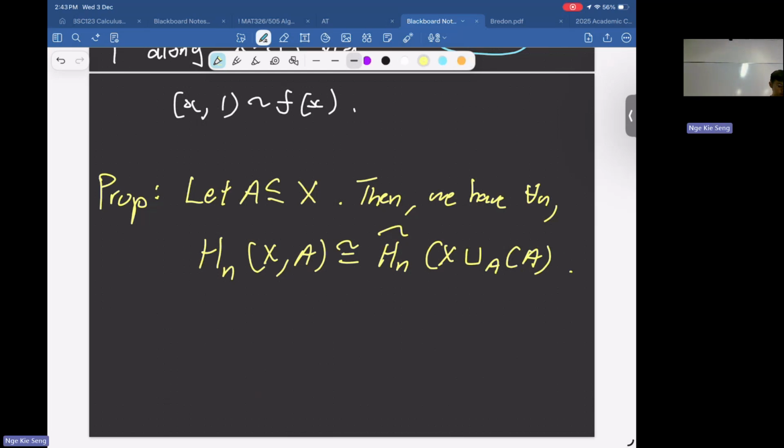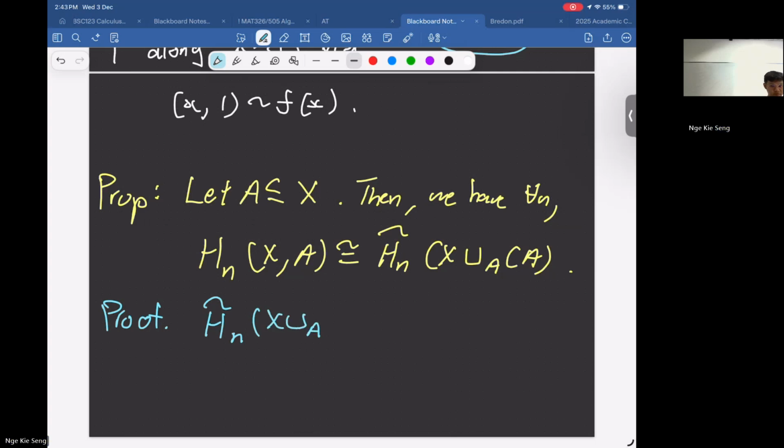Okay, so how to show this? Using what we have learned. Well, this kind of proof, definitely you need to start from somewhere. Maybe you start on the right hand side, and then we can go from reduced homology to relative. Can we? Do we have this isomorphism here?